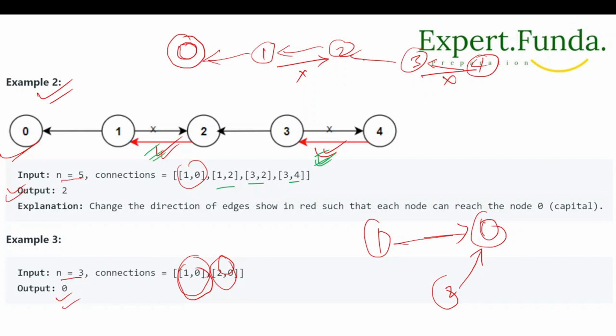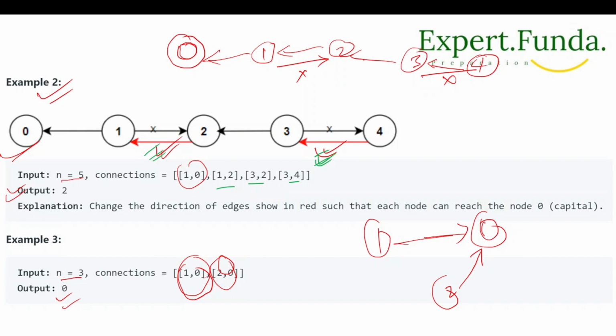Okay, and if we use an original edge to move from parent to child, it means we need to flip this edge, correct. And whenever we encounter such an edge, we will increment our answer variable by 1, as I told.